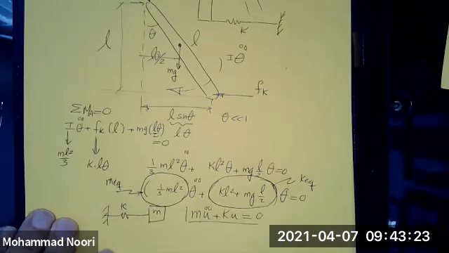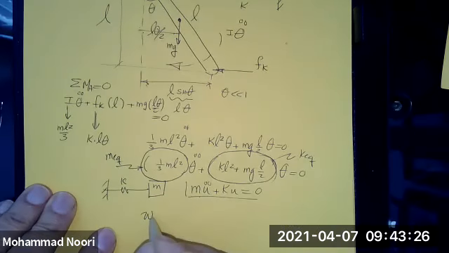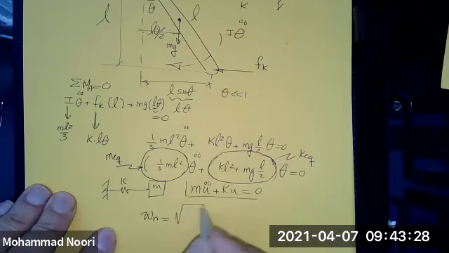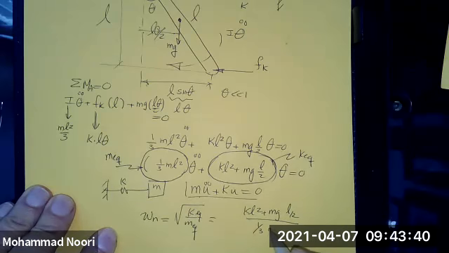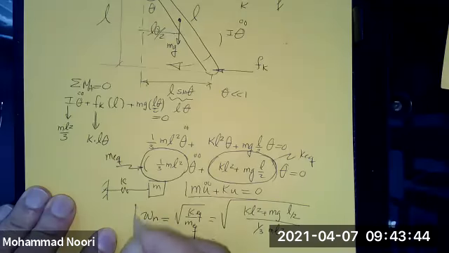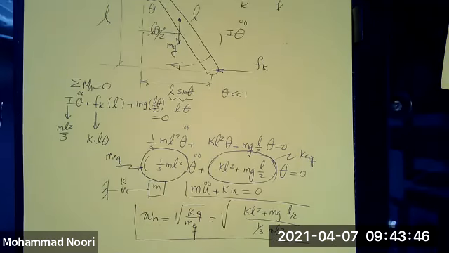So if I want to find the natural frequency, it would be simply K over M, or K equivalent over M equivalent. So that would be kL squared plus mgL over 2 divided by 1/3 mL squared. This is the natural frequency of this structure.